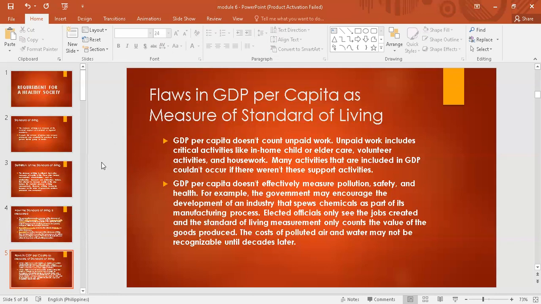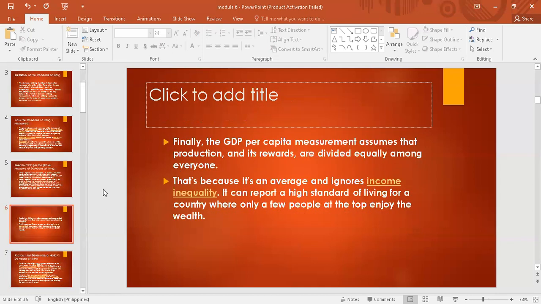Di ba? O kaya, sa Kiribati or sa Bangladesh, even if they have accumulated a good number of GDP, pero nasisira naman yung environment nila, dami namang pollution. So this is some of the flaws of GDP.